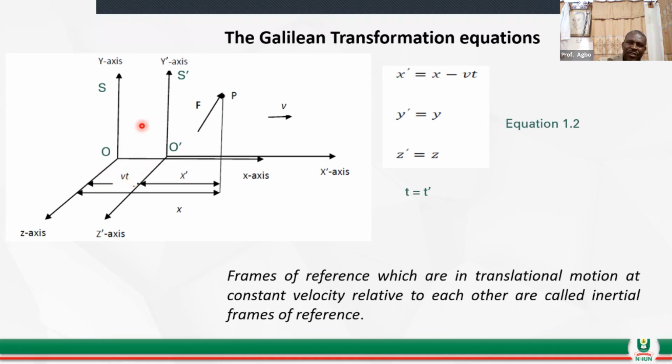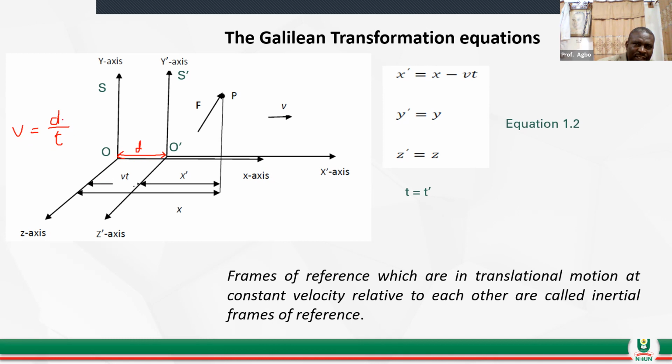Velocity times time. If you say velocity is equal to displacement over time, that means this distance from here to here is d.